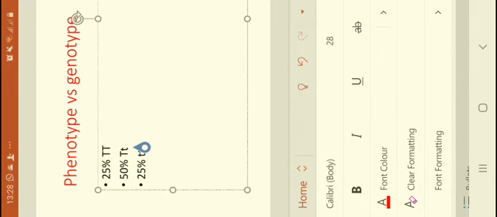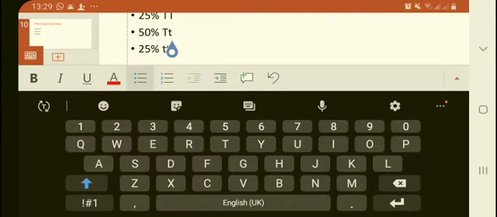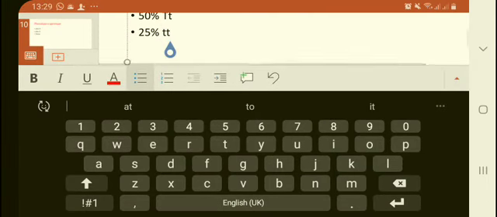Yeah, so here we are talking about genotype. All right, don't forget. This is the genotype: the way the genes are organized, the types of genes that they have.